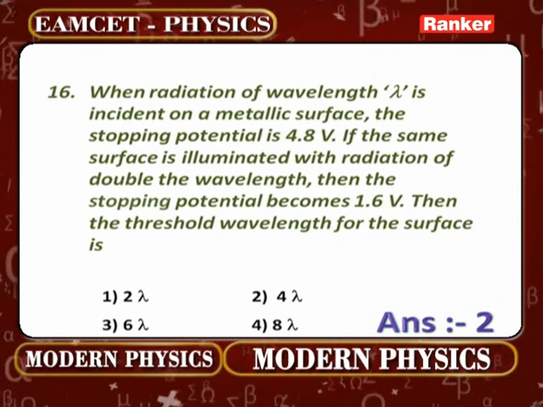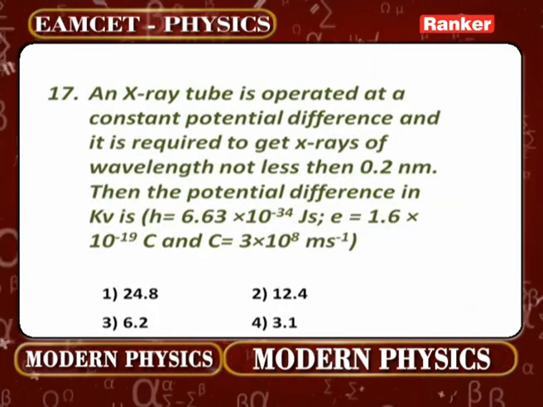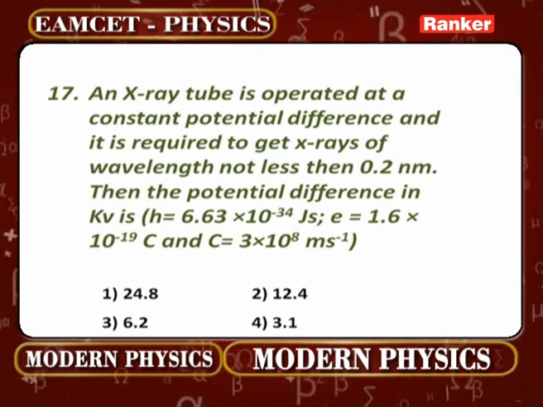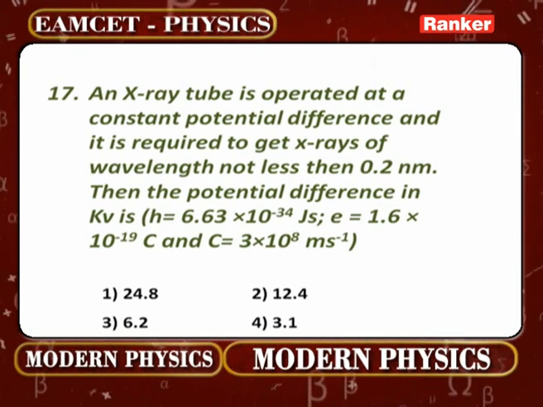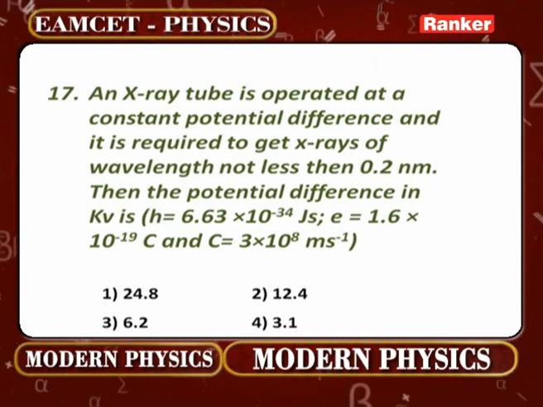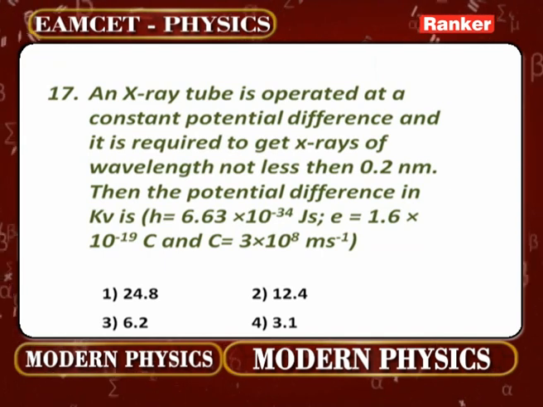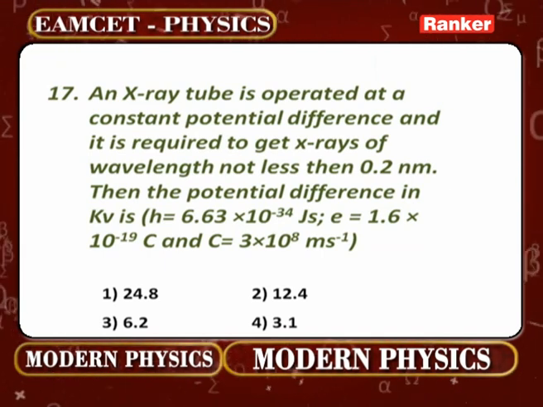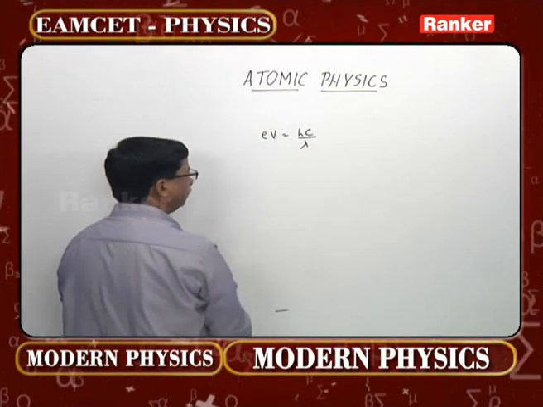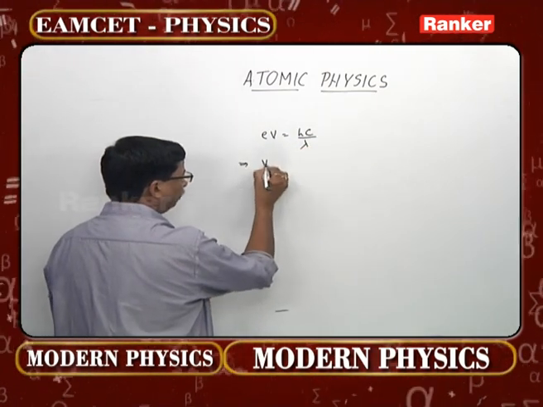Look at the next one, that is 17. When an X-ray tube is operated at a constant potential difference and it is required to get X-rays of wavelength not less than 0.2 nanometer, then the potential difference in kilovolt is how much? Direct application here. eV must be equal to hc by lambda. So what is the value of V we want?